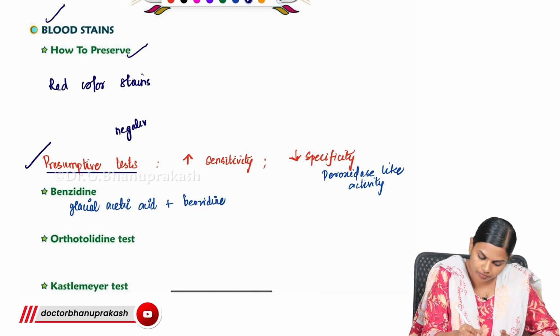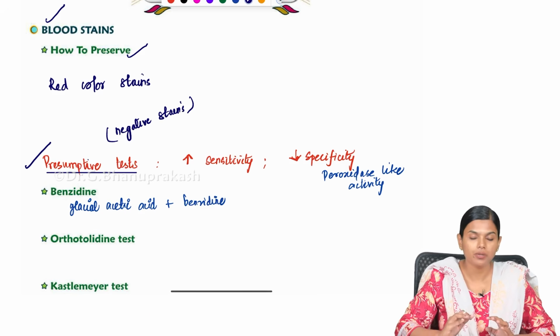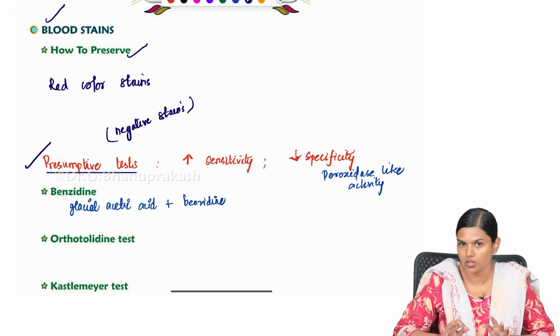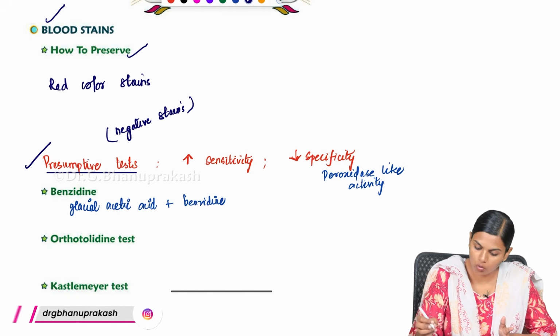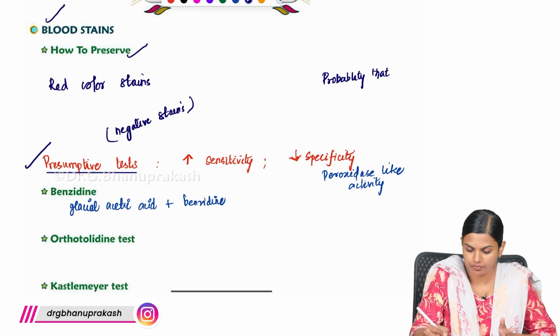See, if the presumptive test becomes positive, then there is more probability that it is blood.